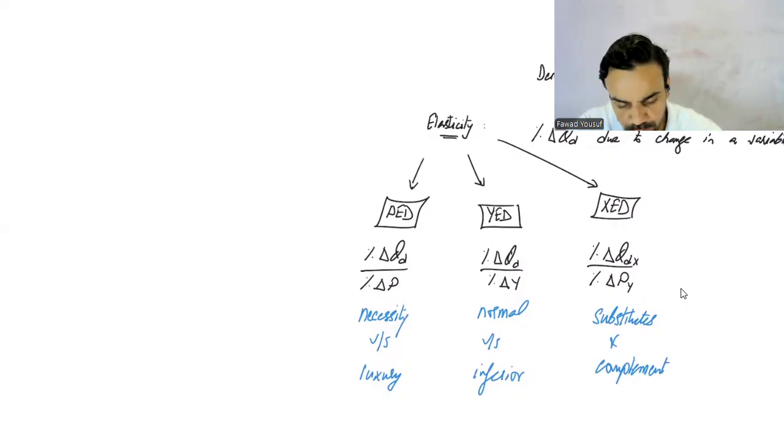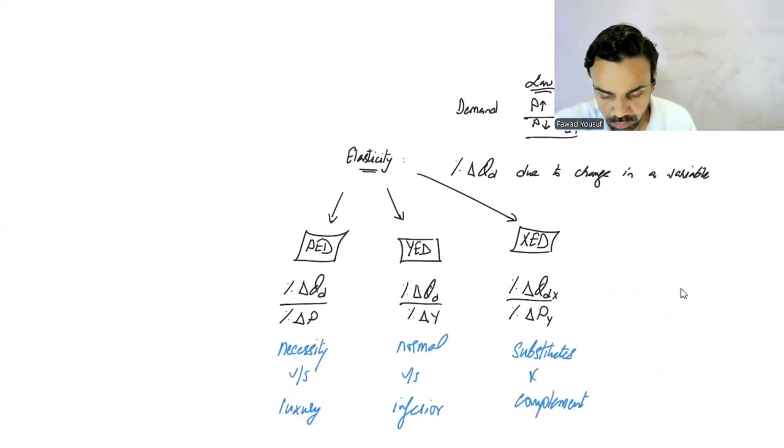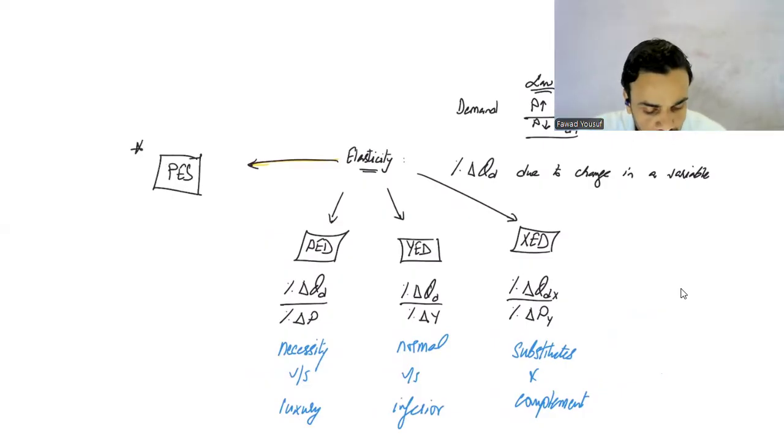Price elasticity of supply. This is where kids really, really struggle. I don't think इस साल तुम्हारा पीएस के ऊपर आना चाहिए वैसे तो.